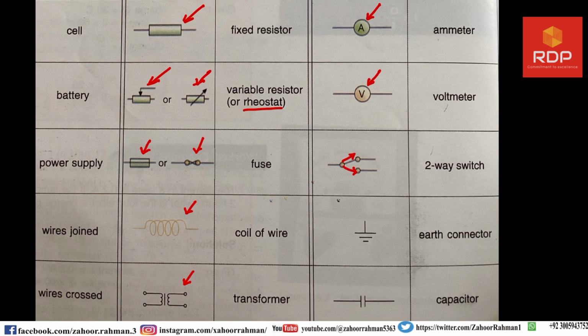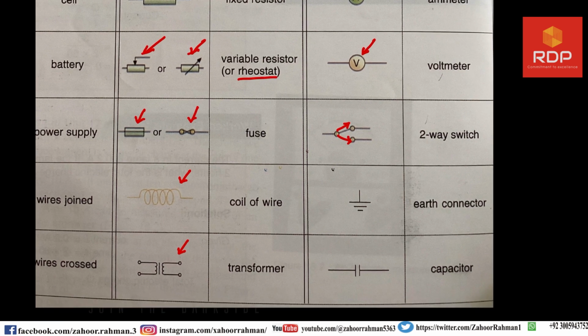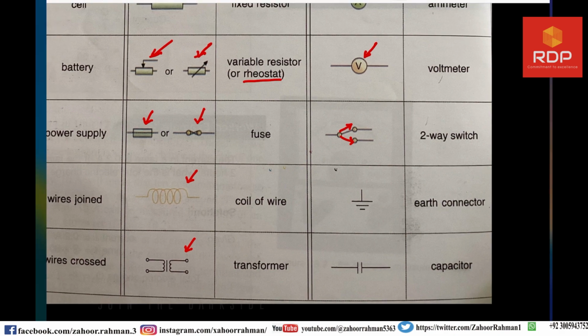Now there is another very important symbol, and that is the capacitor. A capacitor is a device for storing charges. It is technically also known as a condenser. Capacitors can be connected in parallel or in series depending on the situation, so wait for that.